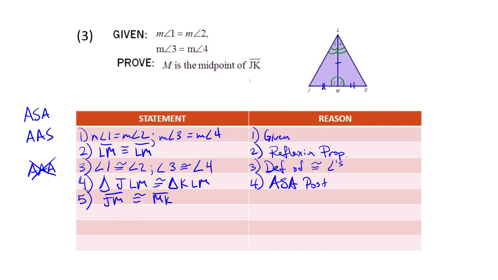So I'm basically taking the outer two letters of each, and so those correspond. And so the reason I can say that is CPCTC. All right, and then now that I know that those segments are congruent, that means that M must be the midpoint of JK. And the reason we can say that is definition of midpoint, right?